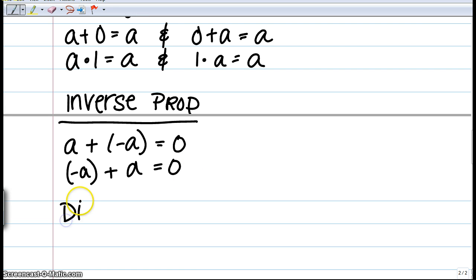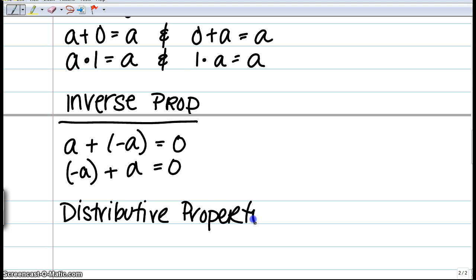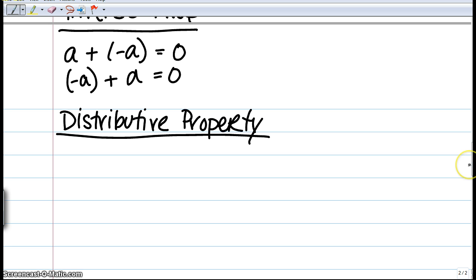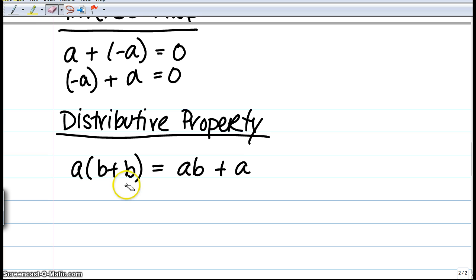Distributive property would be A parentheses B plus C equals AB plus AC, I should have written a C here, excuse me.